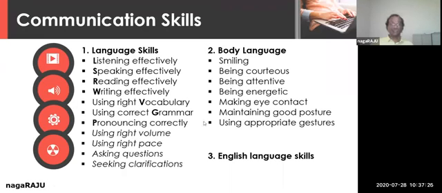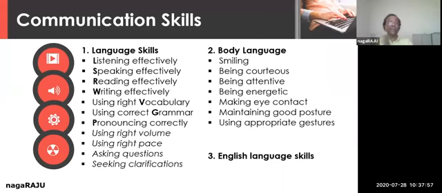Right. Let's move back here and then let's see. So the premise on which I am beginning is that the LSRW that we often think of is only one small portion of the communication skills. Communication skills is a much bigger thing. Even in terms of the language that we are planning to master, there are at least 3 other things needed: vocabulary, grammar, and pronunciation.